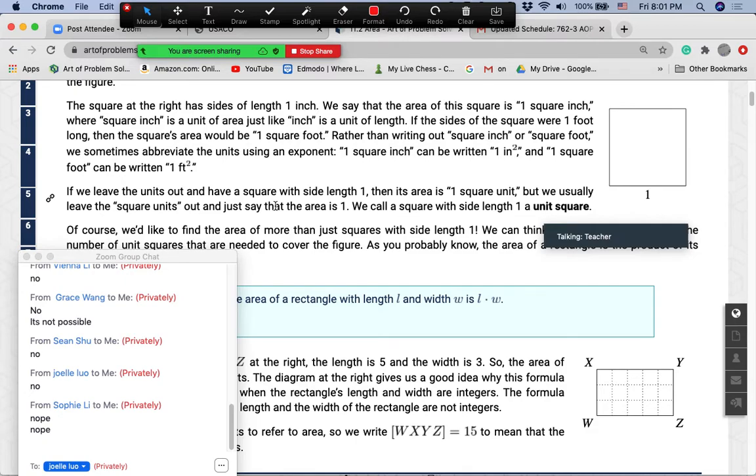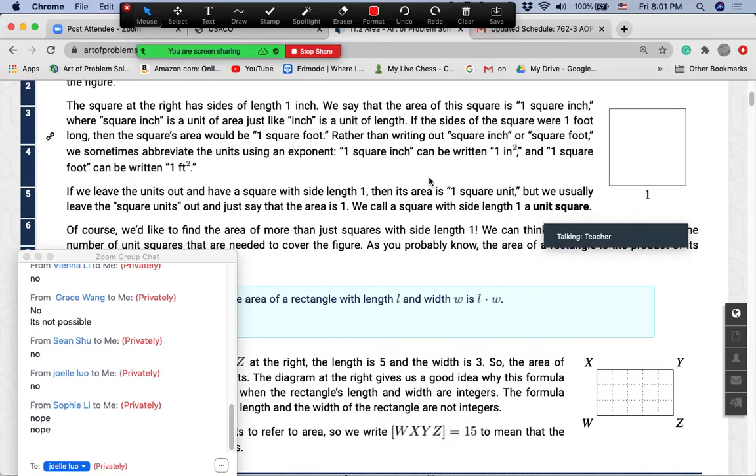Now, suppose you use a 1 by 1 square, usually you have a unit, maybe 1 square foot, maybe 1 square centimeter, to cover the inside of a closed shape. Then you need to count how many of these squares can cover the inside of the shape. That number will give you the area of that shape.